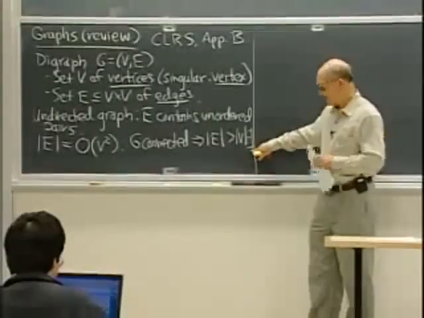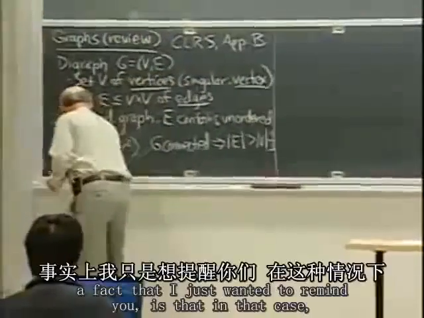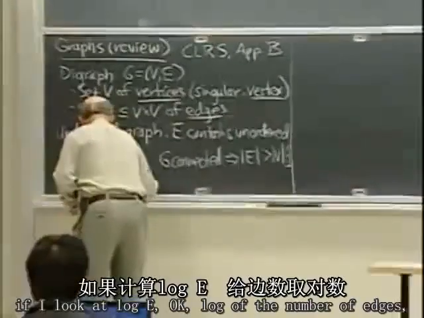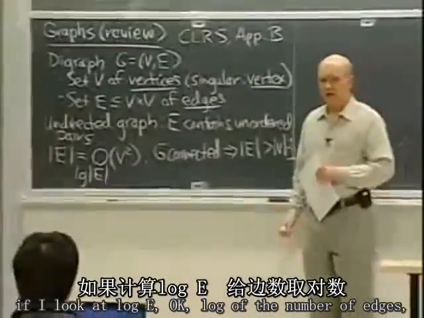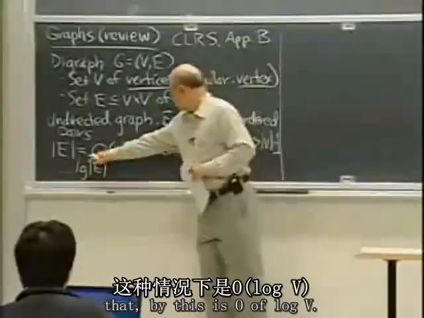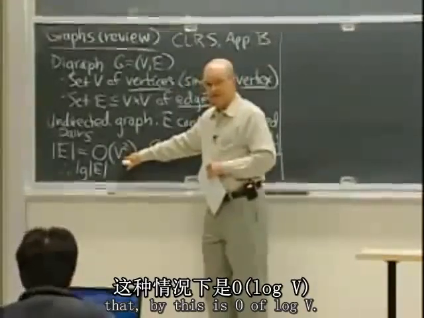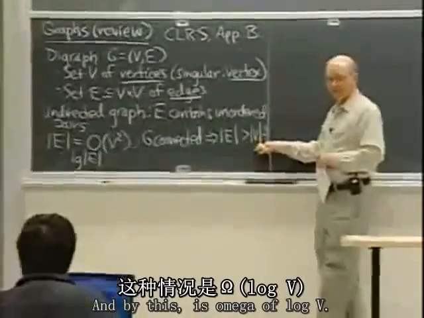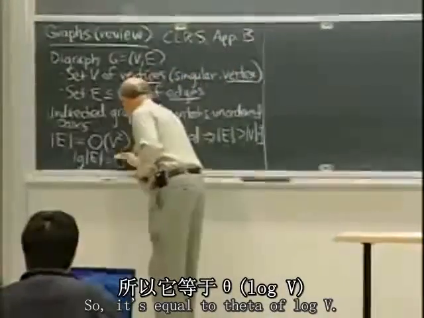And what that says is, if I look at log E, the log of the number of edges, then by this it is O of log V, and by this it is omega of log V. So it's equal to theta of log V.